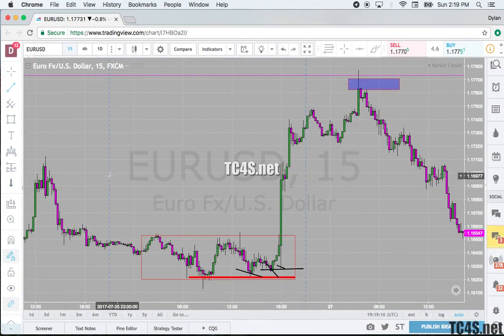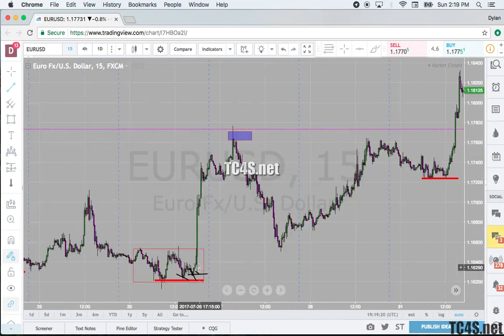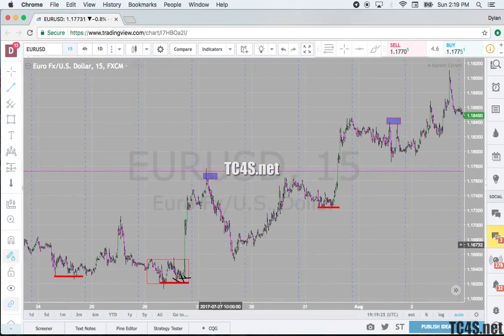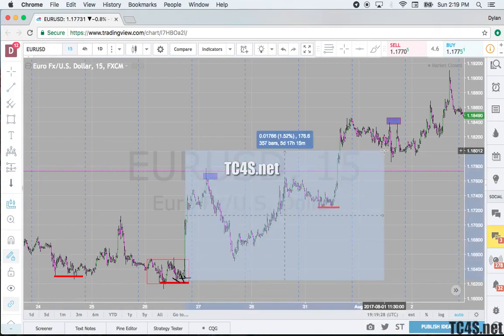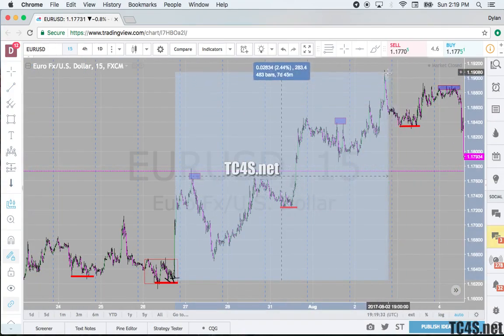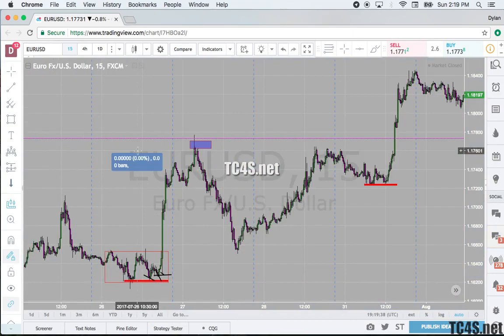You could have placed your stop loss at break even and traded this as an intraday or, excuse me, swing traded this for several days, and a week later you're in 300 pips profit with stop loss at break even, correct?